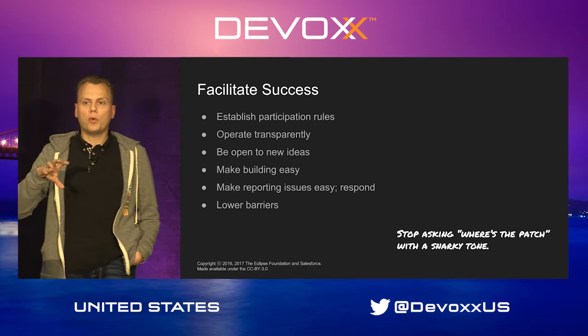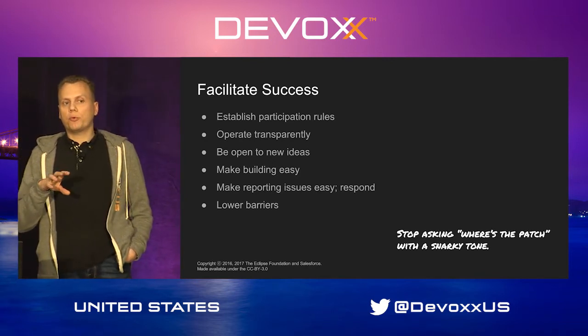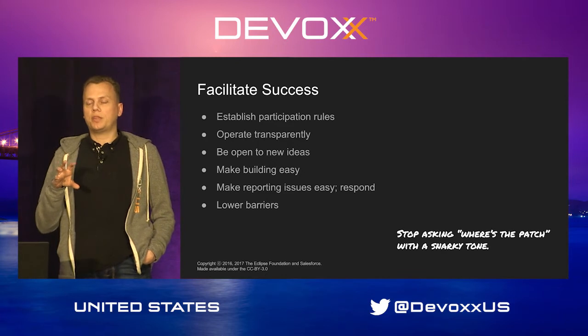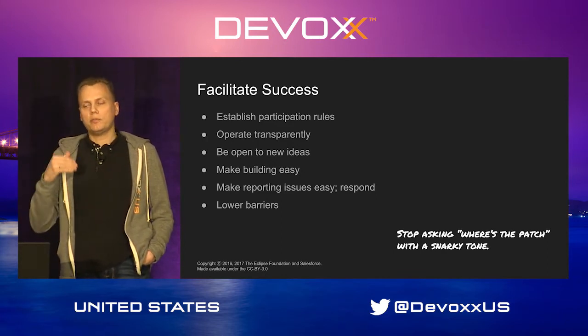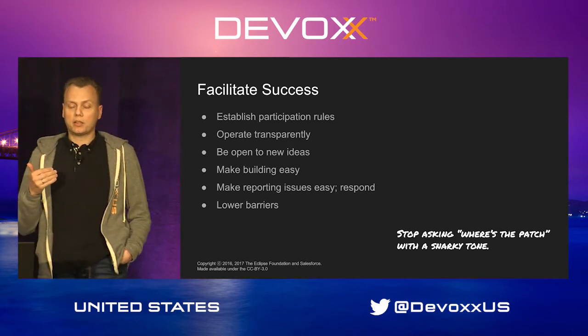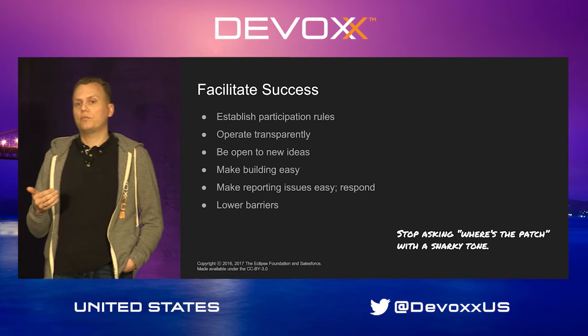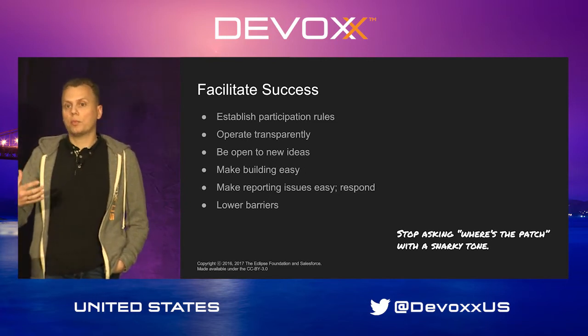If people show up with ideas and you don't react to them, you ignore them, then eventually people will go away. You have to be open, even if sometimes the ideas might not be in the best interest of the project or your plans for the roadmap of the project.